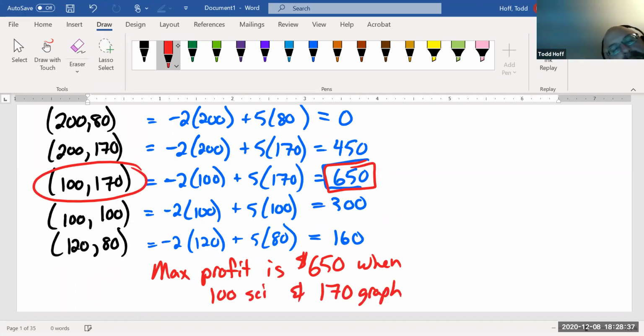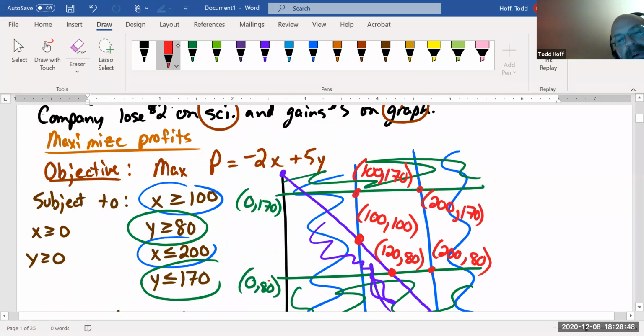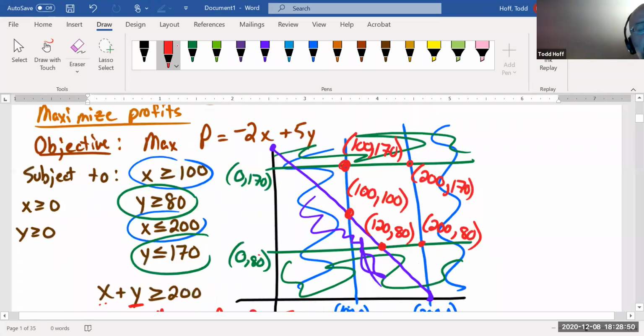That answer makes sense because if we're losing money on the scientific calculators, we want to produce the minimum, and we're making money on the graphing calculators, we want to produce the maximum of those, and that's what that point represents. That's the minimum scientific, maximum graphing.